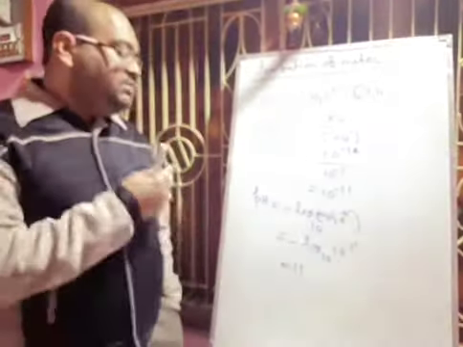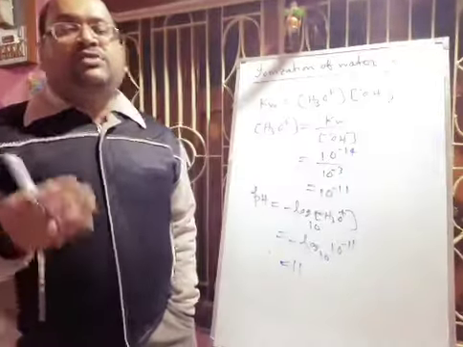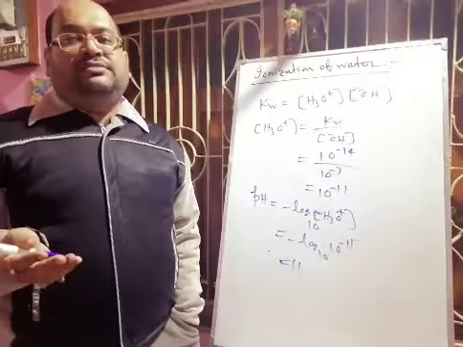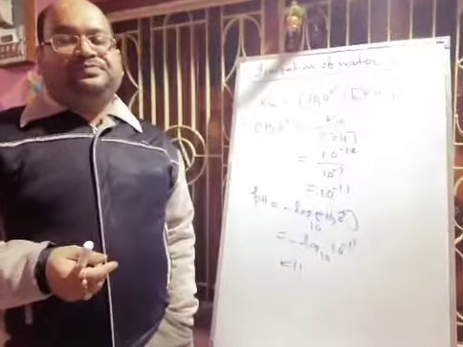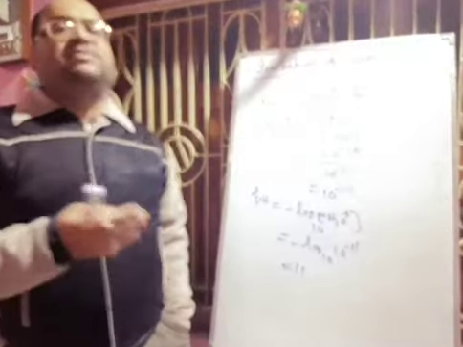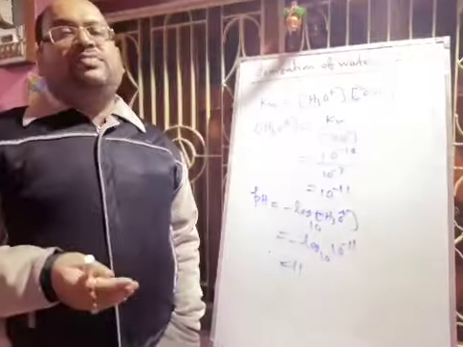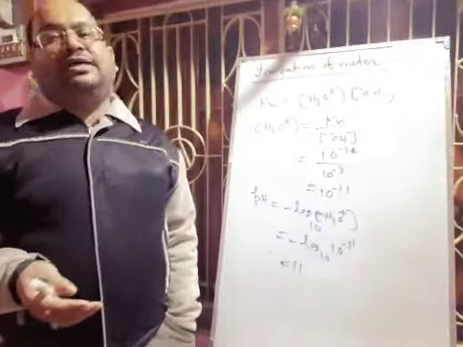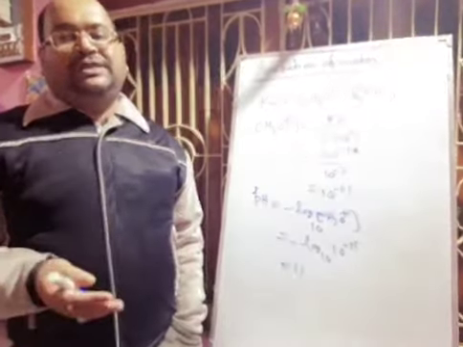If the concentration of H3O plus is greater than 10 to the power minus 7, then the pH is less than 7, which means the solution is acidic. But if the concentration of H3O plus is less than 10 to the power minus 7, then the pH is greater than 7, and the solution is basic.